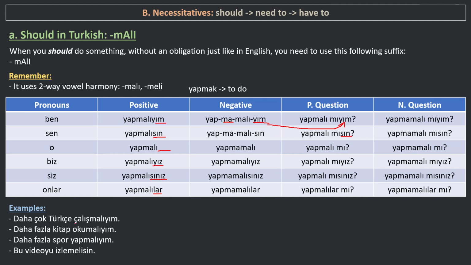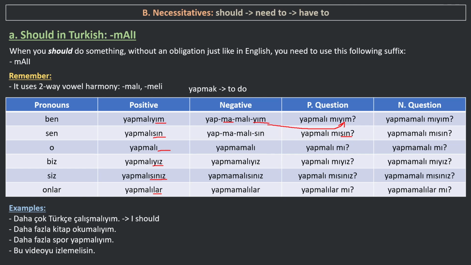Daha çok Türkçe çalışmalıyım. I will translate this with you, and then I will ask your examples. So prepare yourself. Try to come up with your examples. So, daha çok Türkçe çalışmalıyım. I should.